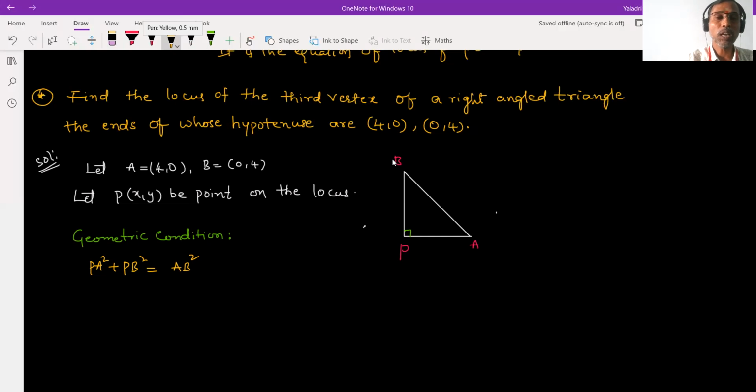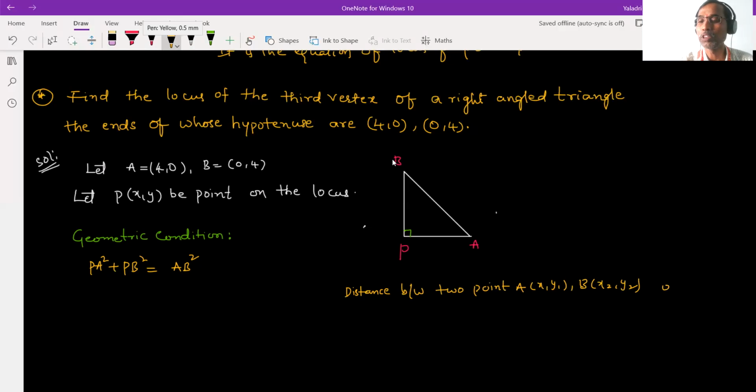Now by applying the distance formula, I write it directly here. The distance between 2 points (x1, y1) and (x2, y2), this is the important one. Based on this only, we should expand.